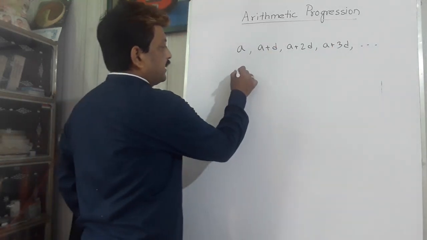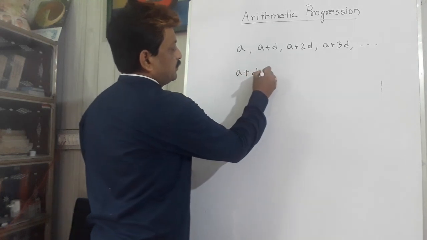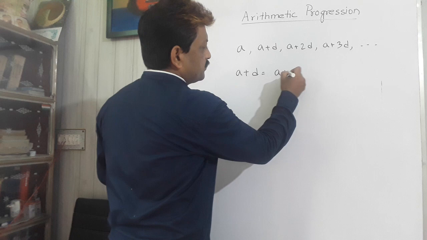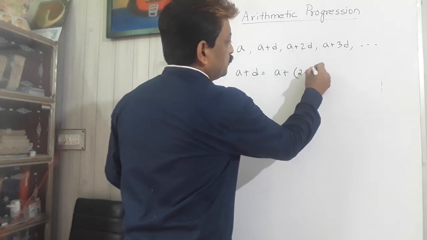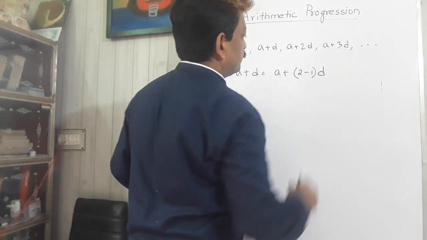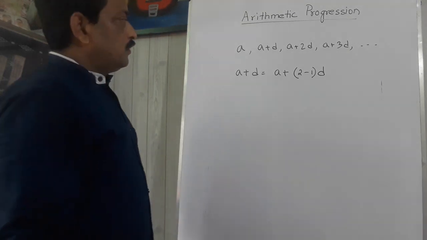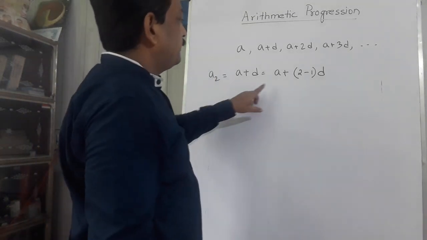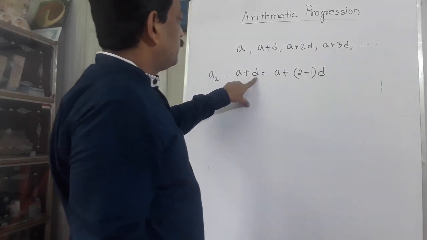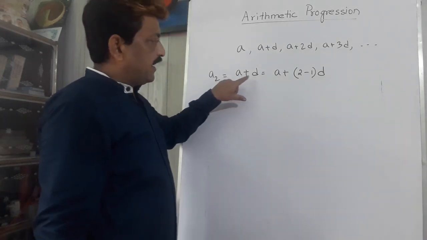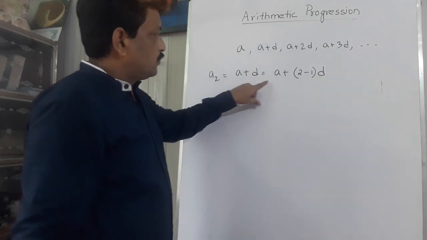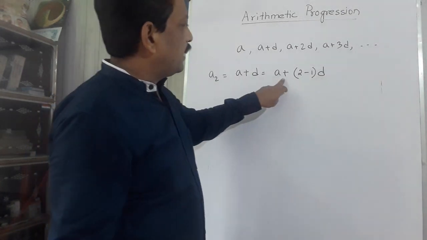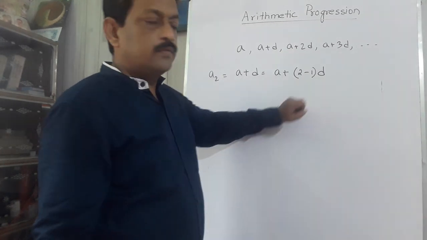So how are we writing A plus D? It can be written in this form: A plus (2 minus 1)D. We are getting the second term by adding D to A. So we can write A2 is equal to A plus (2 minus 1)D.